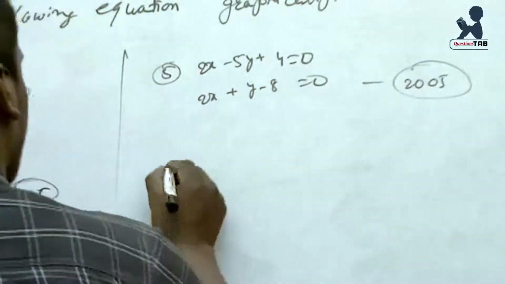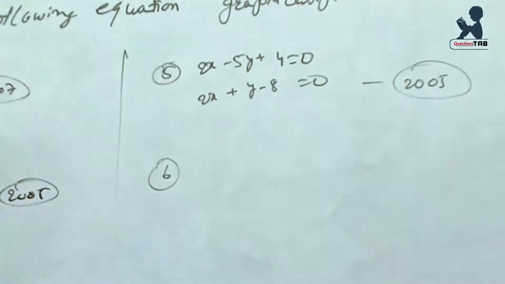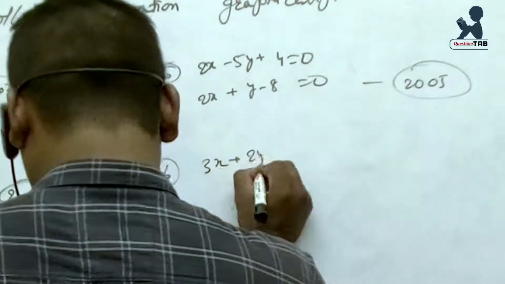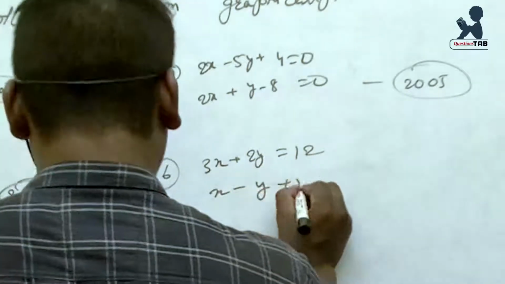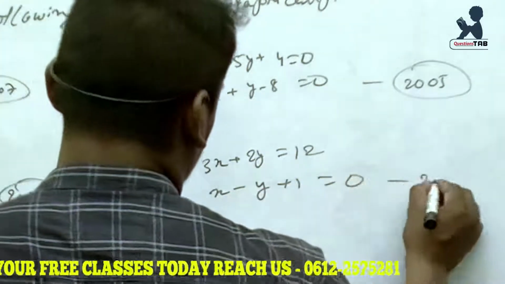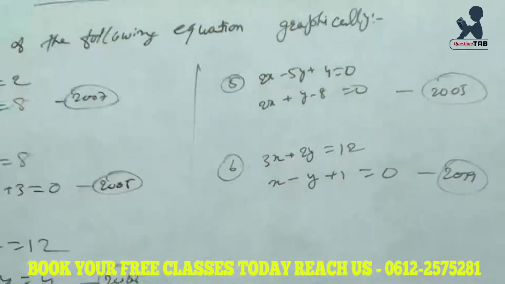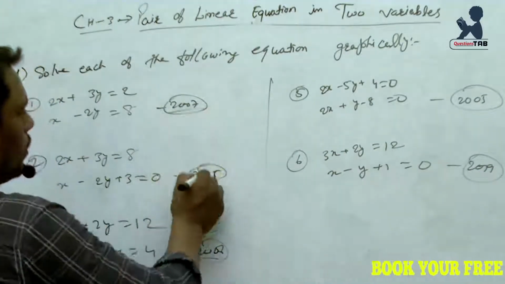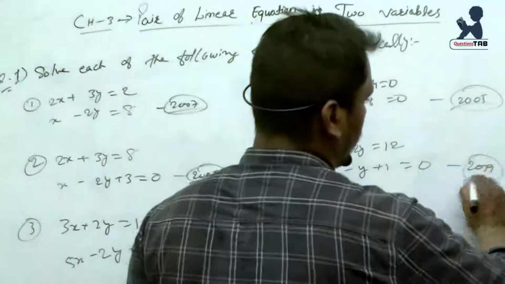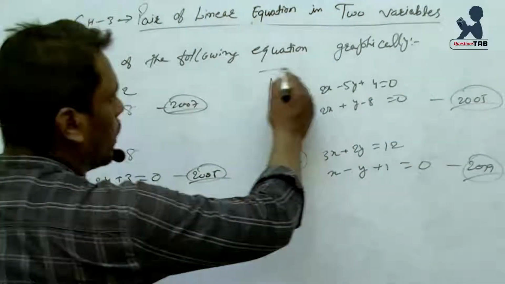2005. Sixth question, let's take a recent one: 3x plus 2y equals 12 and x minus y plus 1 equals 0. It came in 2019. So you can see that every year CBSE asks questions regarding this.